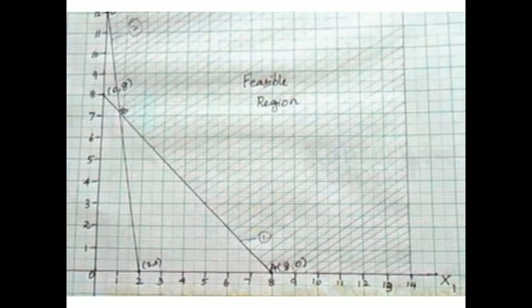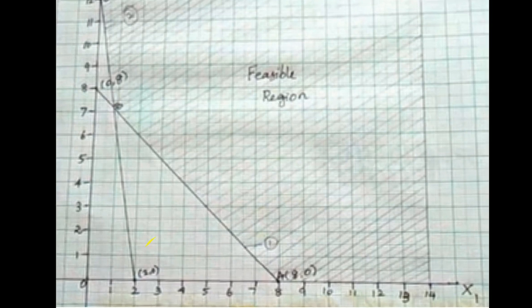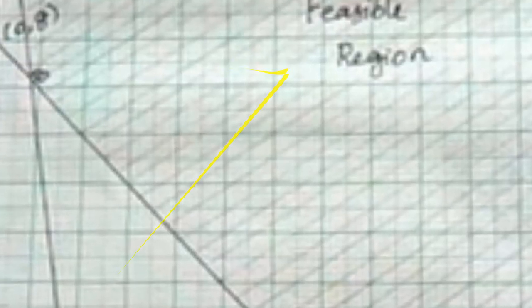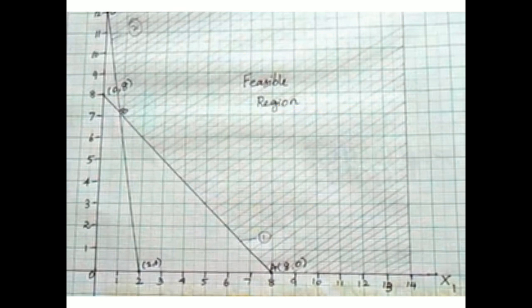The overlapping area has been marked through the very light dashed lines, and I have named it the feasible region. There are three corner points of this feasible region, which I have shown here as A, B and C.